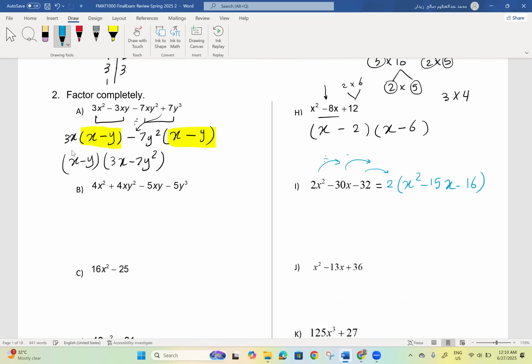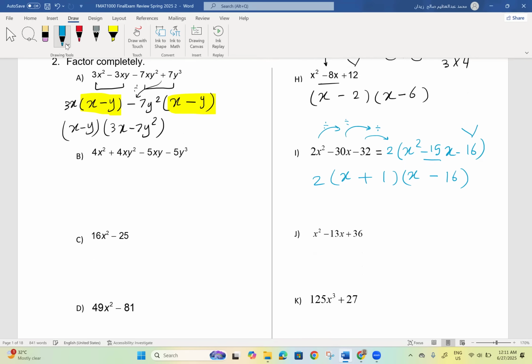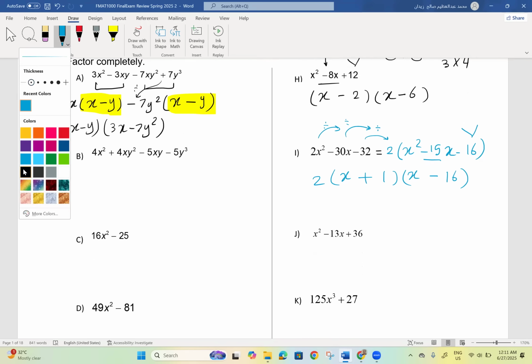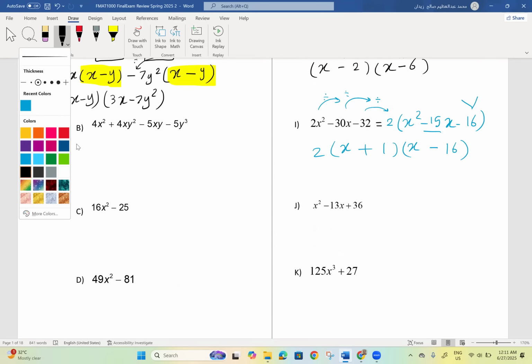After that, I can continue to factorize this trinomial by writing x squared as x times x, and for 60 I need to factor into two numbers with a difference of 15. It's actually 4 times 15. To be negative 15, I make it plus 4 and minus 15 to get a difference of negative 11. Come back to the black color. It's better and clearer. Make it a little bit thick to be easy to see.